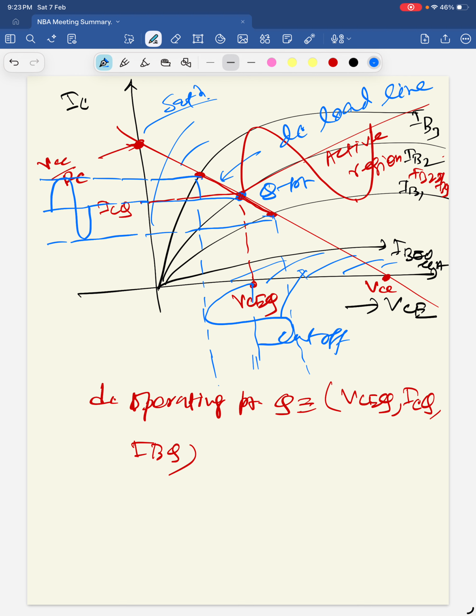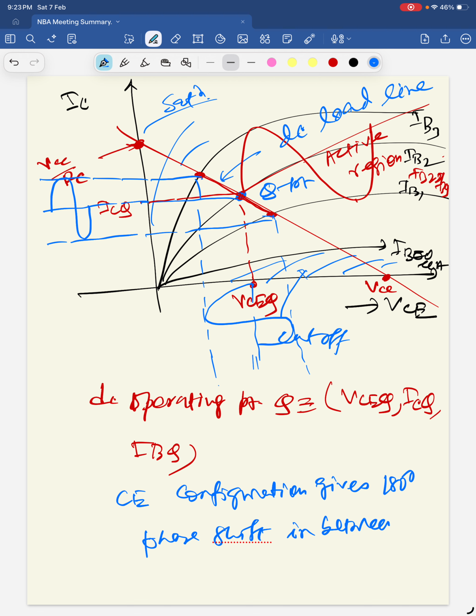Now from this curve, it is very clear that when the input goes to the positive side, the output goes to reducing. That means between the input and output, there is a 180 degree phase shift, as we know that the common emitter configuration gives a 180 degree phase shift between the input signal and output signal.